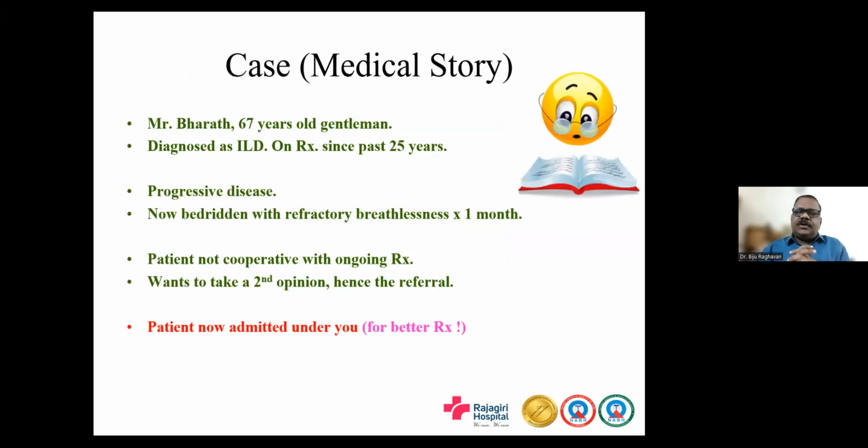So let us talk about a patient. We have Mr. Bharat, who is a 67-year-old gentleman who was diagnosed with interstitial lung disease and has been on treatment for the past 25 years. As is to be expected, the disease has been progressive, and for about a month, Mr. Bharat has been bedridden with refractory breathlessness.